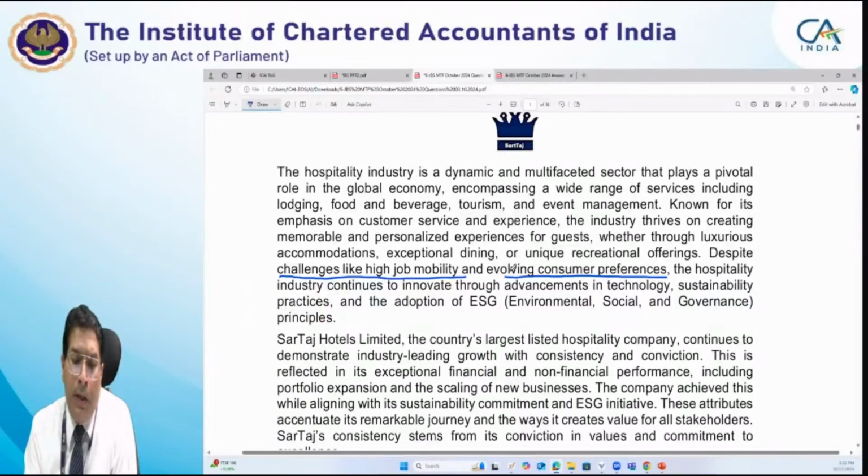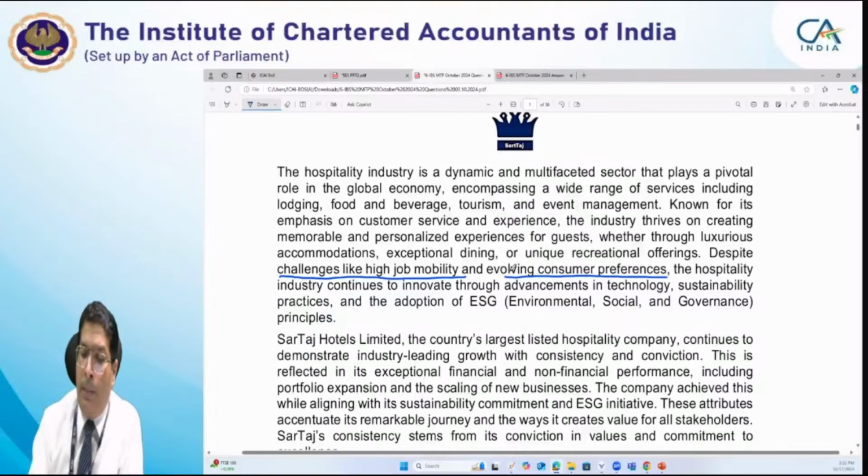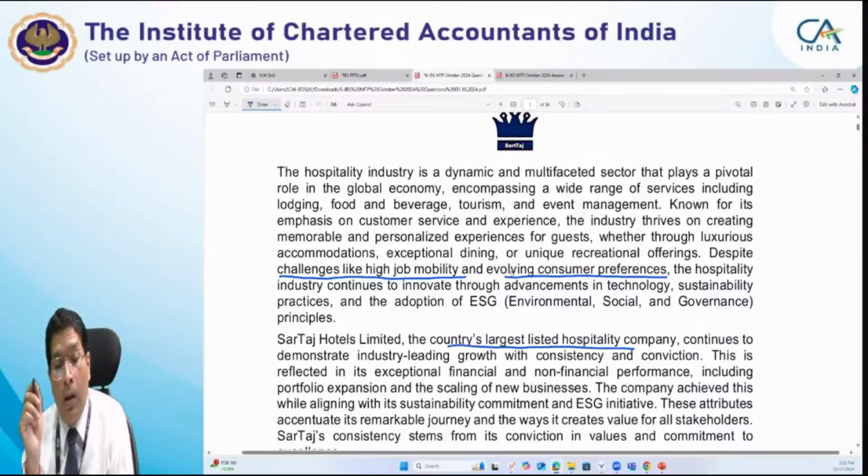The hospitality industry continues to innovate through advancements in technology, sustainability practices, and the adoption of ESG principles. Sartaj Hotels Limited, the country's largest listed hospitality company. Okay.